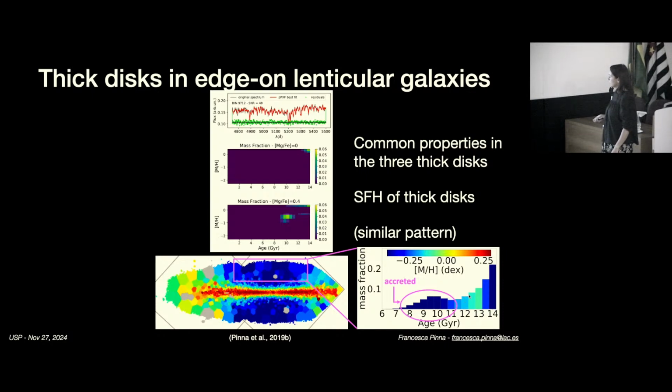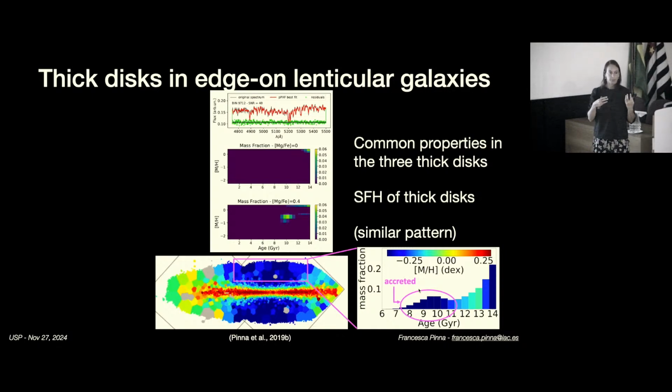But this main component is being quenched, or at least you have this drop in the mass associated to each one of the age bins. We have an additional component, which is this younger component with a lower metallicity. And the way to explain this is to invoke accretion.